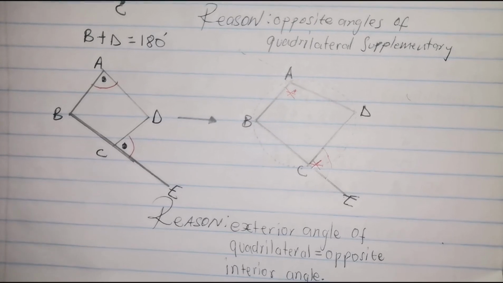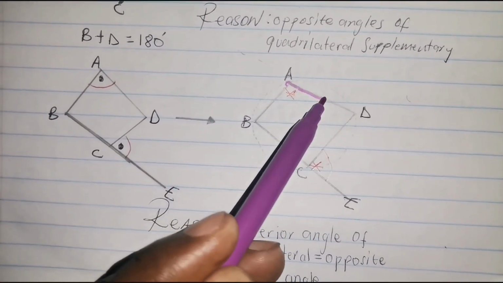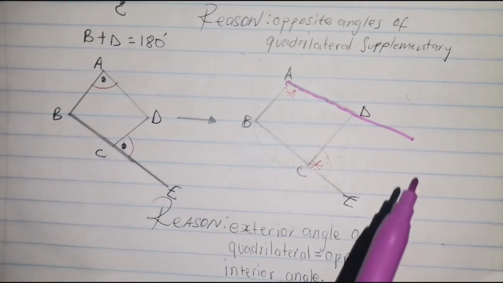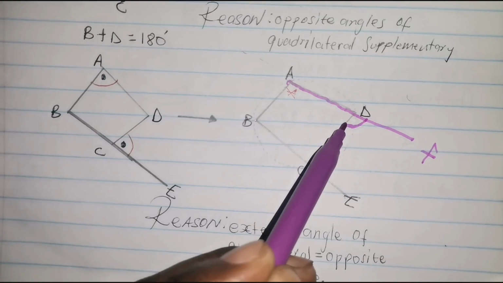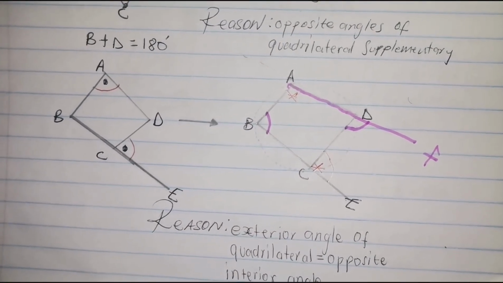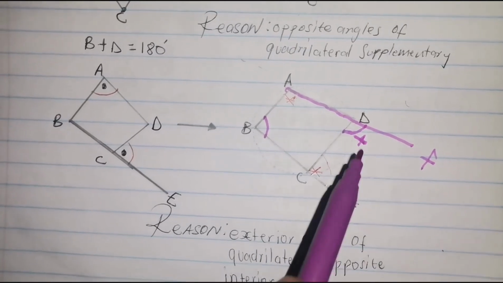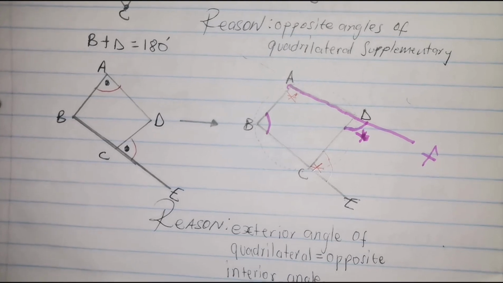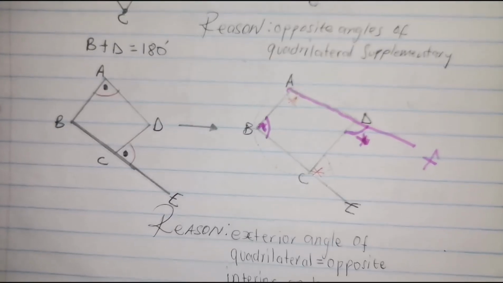Even if you have a line here, line AD, that extends to maybe, let me just say F, this angle here is going to be equal to this angle here, guys. I hope you understand, because this angle is our exterior angle, and this exterior angle is going to be equal to the opposite interior angle of a cyclic quadrilateral.